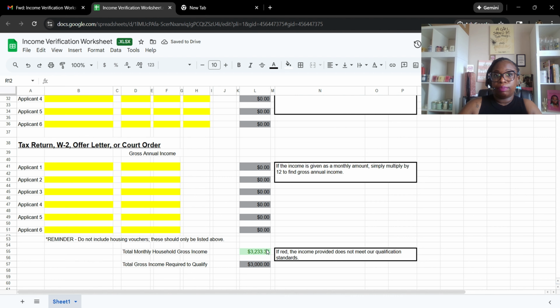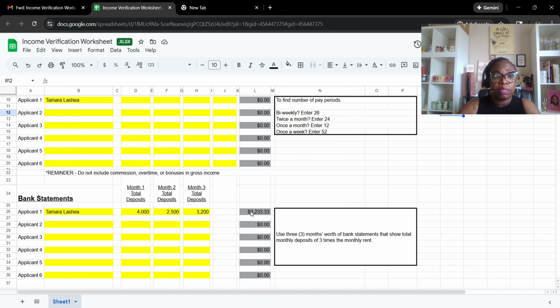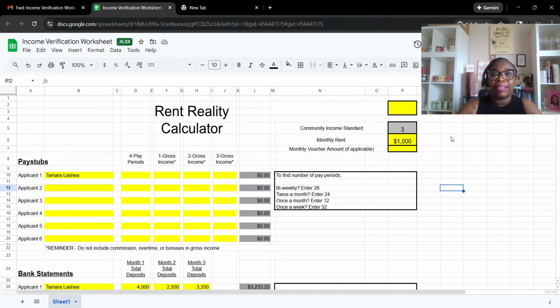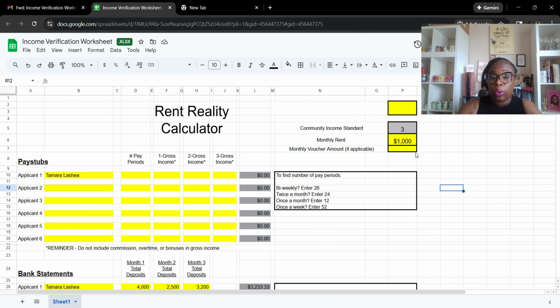So when you guys are going into an apartment community and you're getting denied solely based off the fact that you don't have enough income, this is the breakdown of your income. For this particular apartment at $1,000 a month, if this is my monthly income average, I can only afford an apartment that's $1,000 a month.